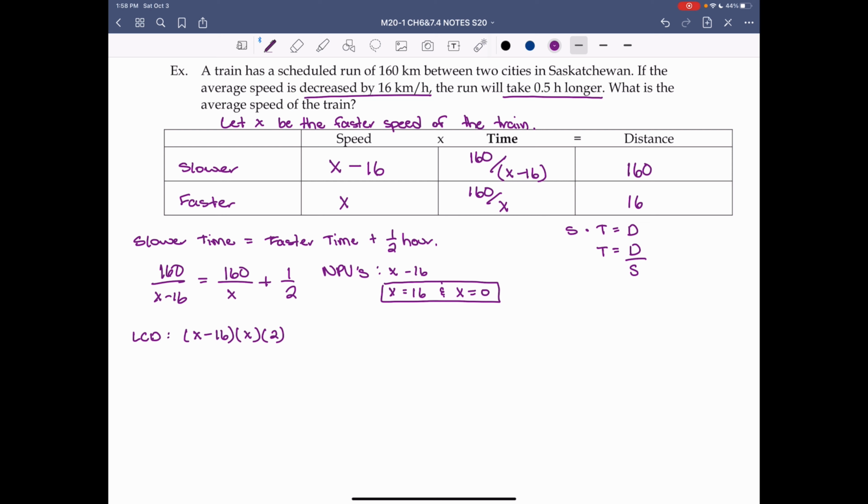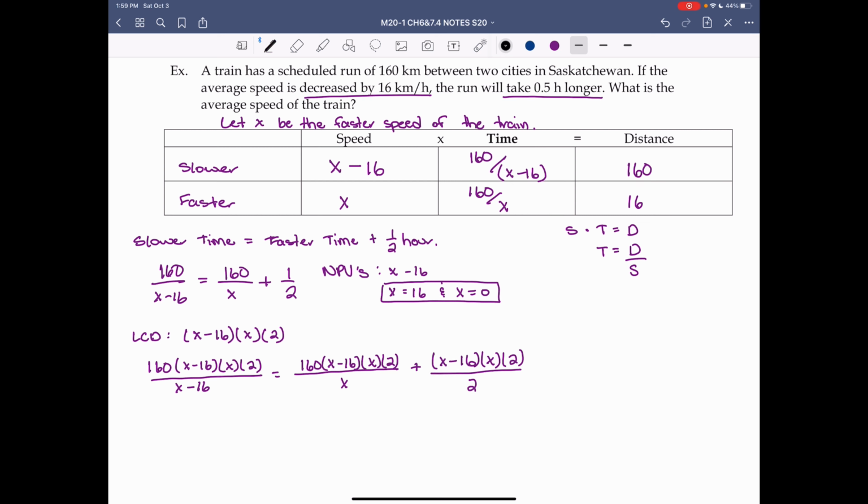Multiply that to each of our fractions, 160 times x minus 16 times x times 2 over x minus 16 equals 160 times x minus 16 times x times 2 over x, plus 1 times x minus 16 times x times 2 over 2.